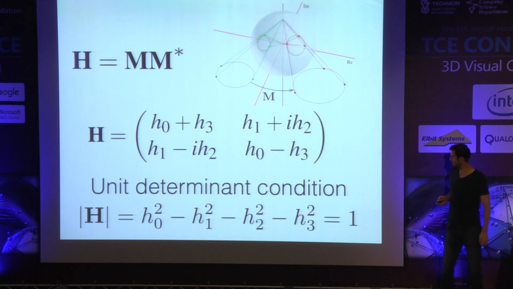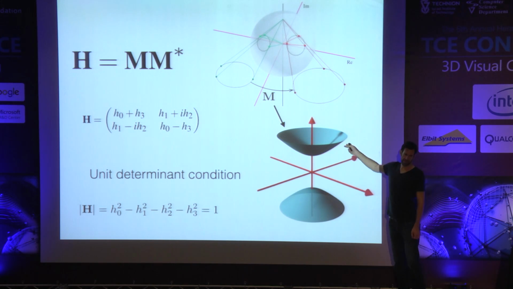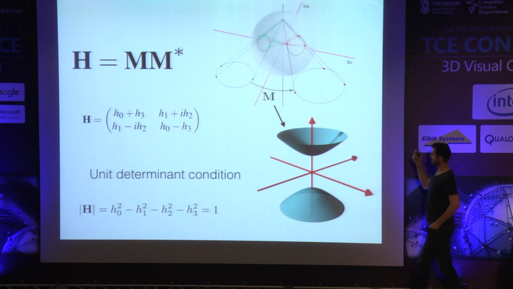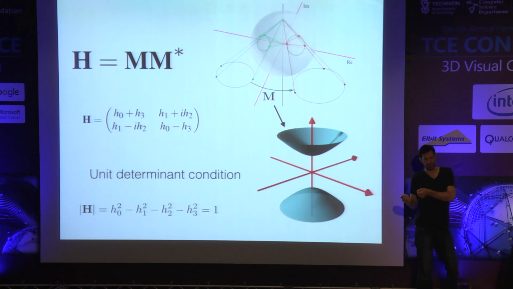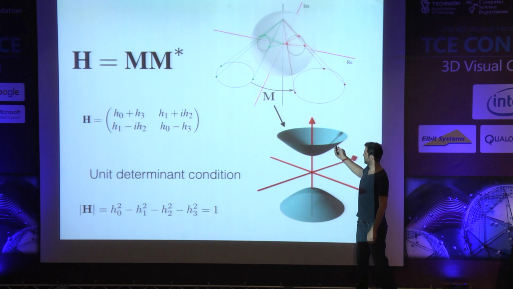What does this mean? Every such matrix is a point on a hyperboloid. Okay, so I can identify each of these matrices H with a point on the hyperboloid. For the quaternions, it was a sphere, right? Every rotation was a point on the sphere. Every deformation is a point on the hyperboloid.